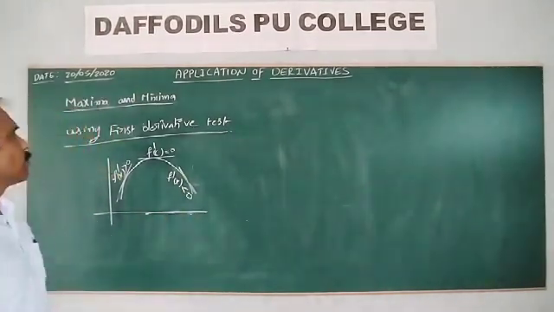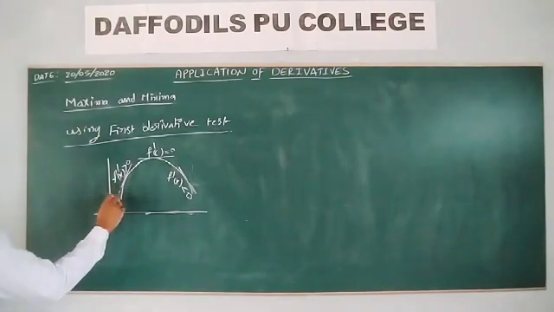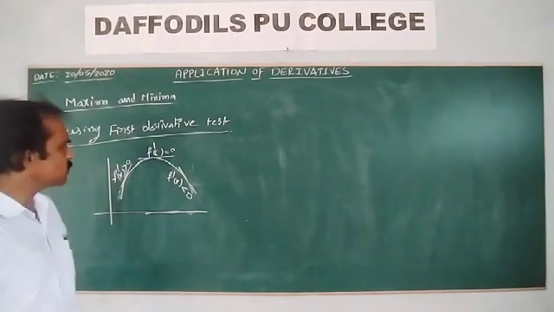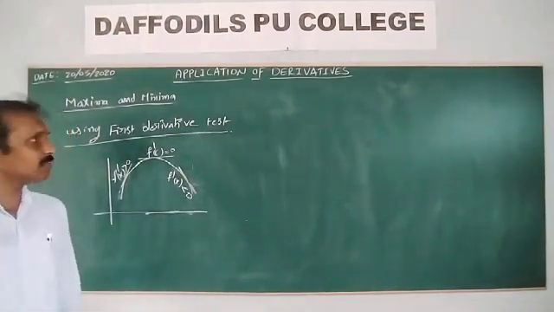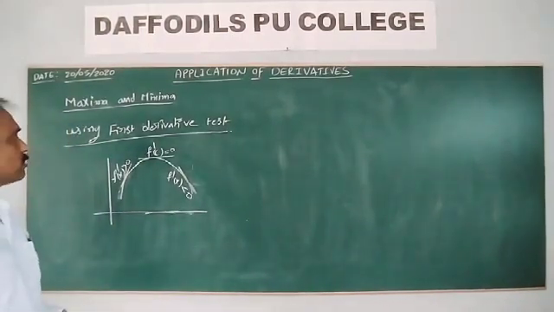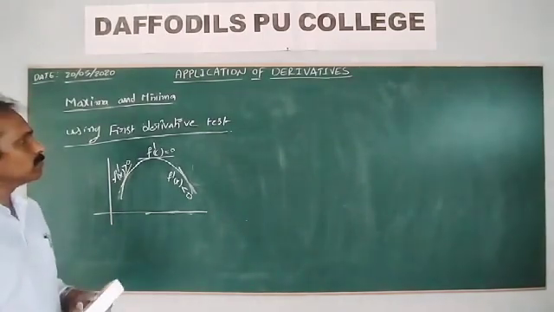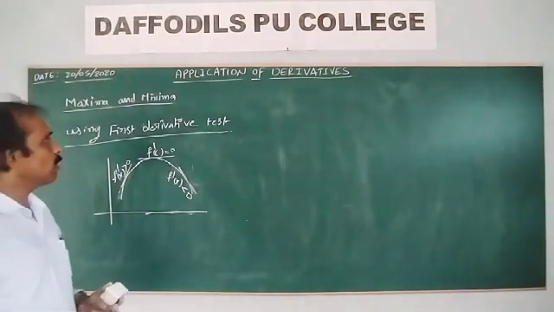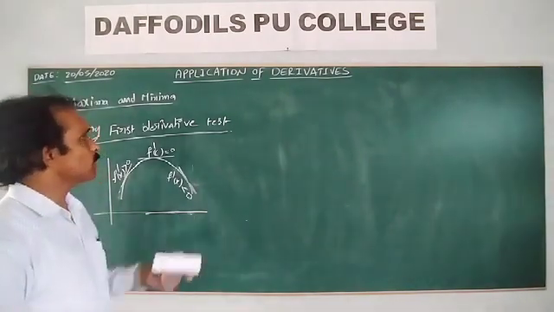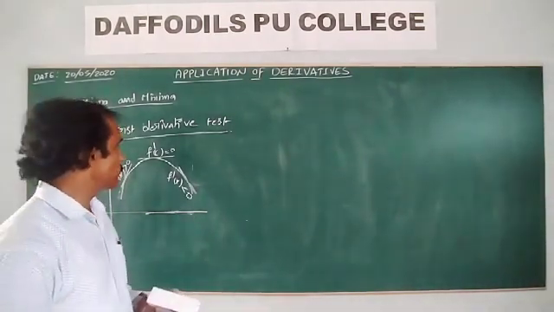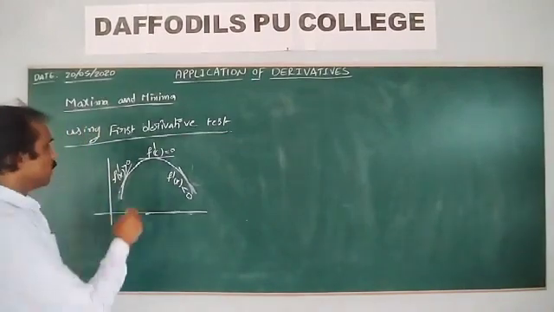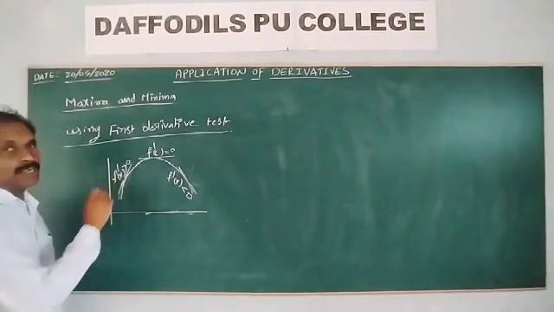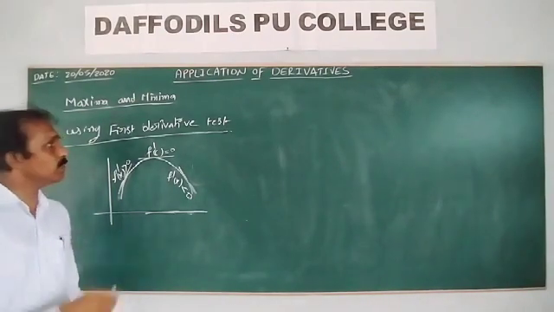Right, from this graph, using the first derivative, f is a function in the domain. Take a point in the domain of f. Here, the first derivative test.